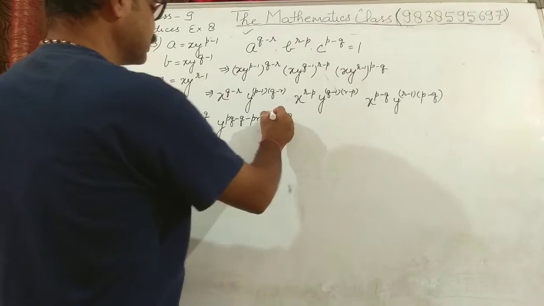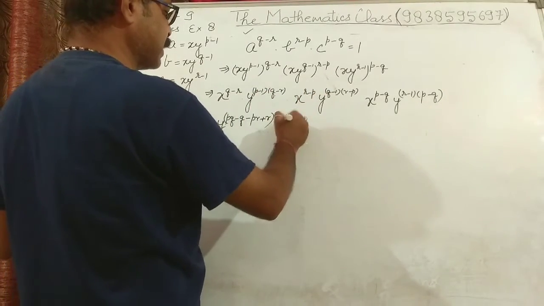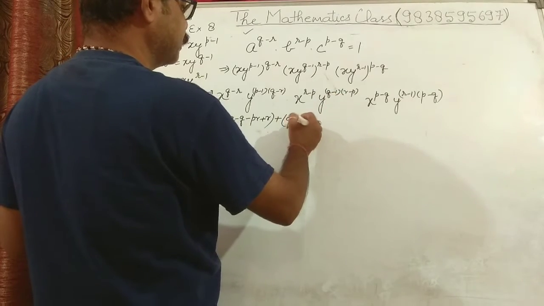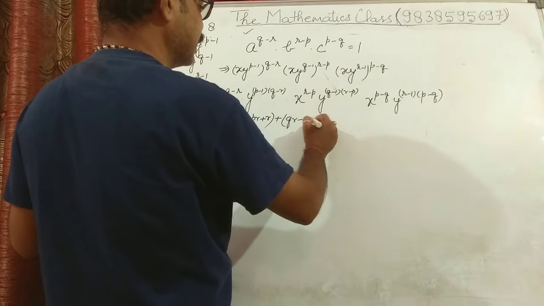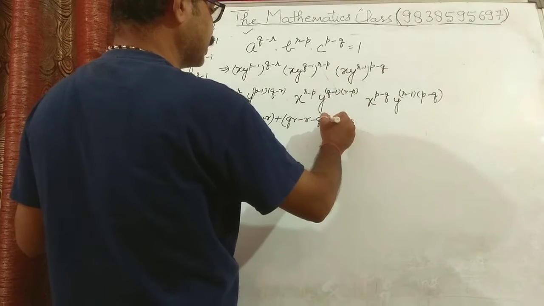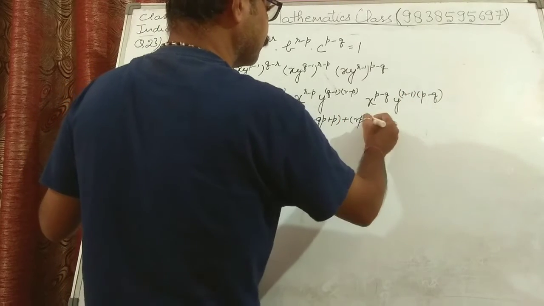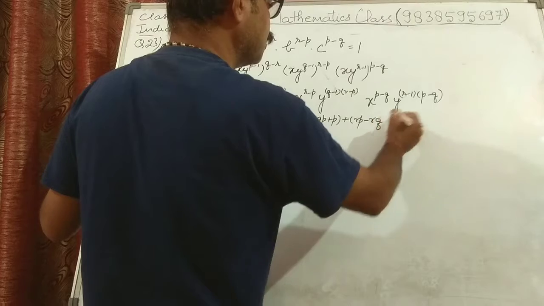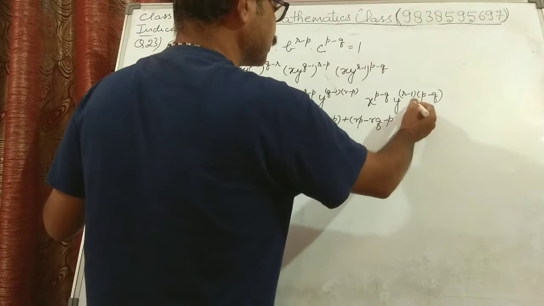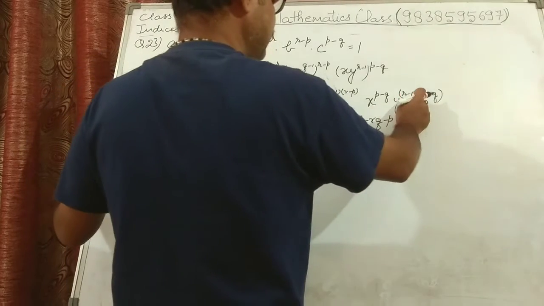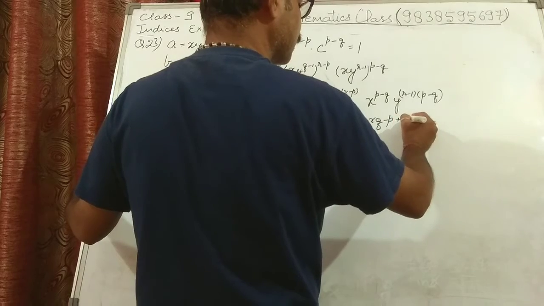And similarly, this is the multiplication of these two. Since the bases are same, we'll add the powers. I am directly doing this. qr minus r, qr minus r minus qp plus p, and plus rp minus rq minus p, minus rp minus rq minus p and plus q.